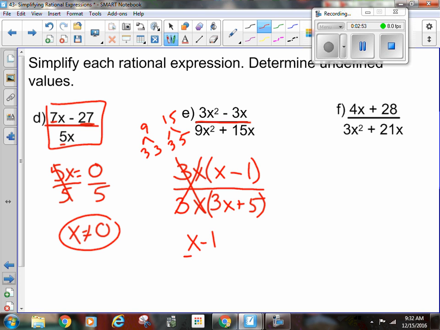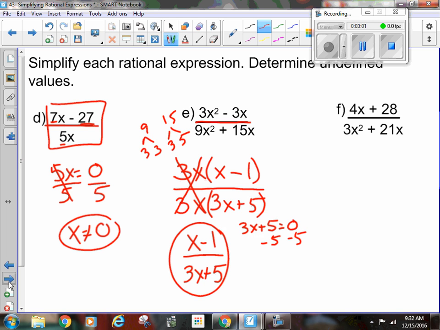So my simplified version looks like this. And now I need to set my 3x plus 5 equal to 0 and solve for what x cannot equal. Because if x equals negative 5/3, my denominator will turn into 0.